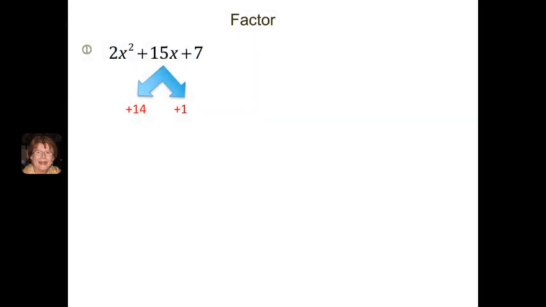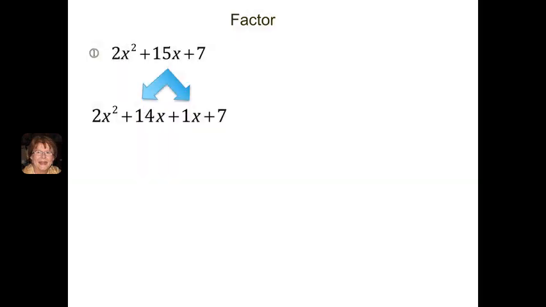Here's what's different. You're going to decompose the middle term. That's where we get the expression, the decomposition method. The first term stays exactly the same. The last term stays exactly the same, but you're going to rewrite that middle term, the 15x, using those two numbers that you found, 14 and positive 1.